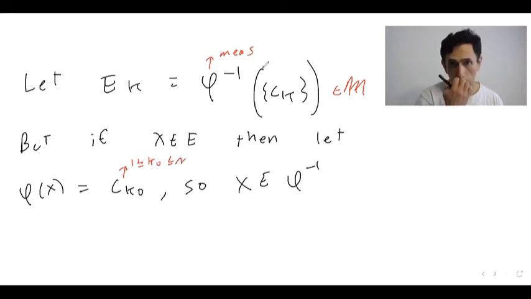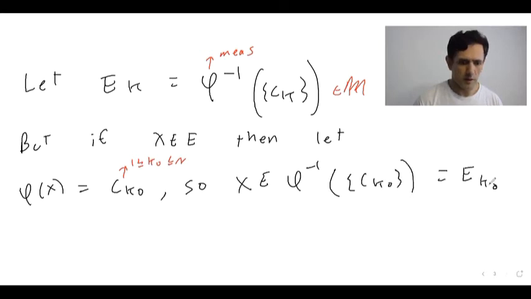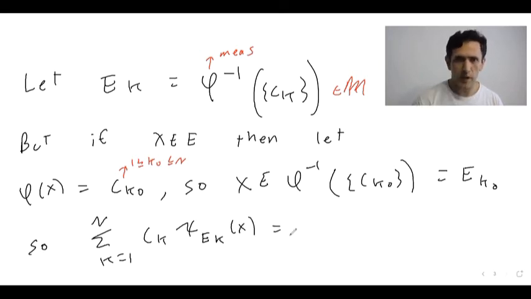So that means x is in this inverse image. All right, so what does this mean? This means that this sum here, just basically break it up into two sums. Kind of obvious probably that this is going to give you c_{k_0}, but if it's not, then let's just see why that's true.